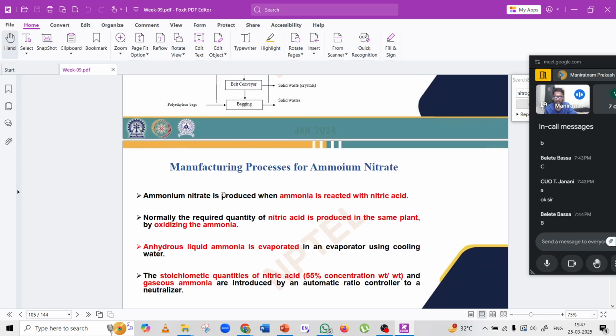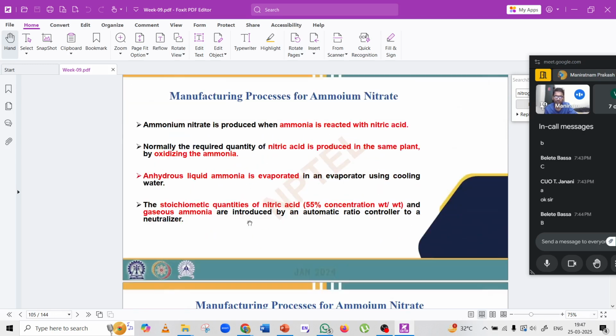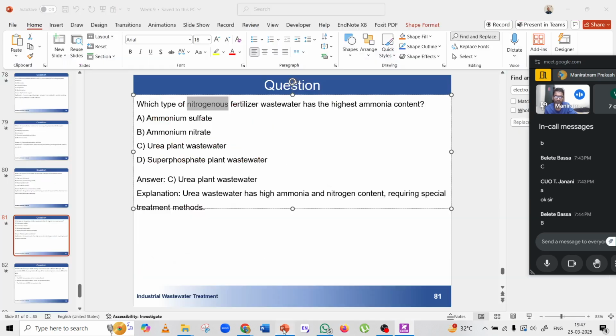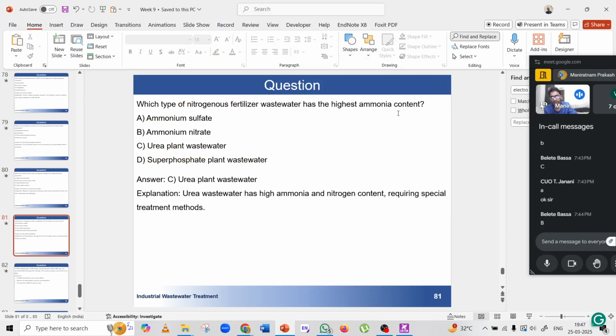You can read about the manufacturing of ammonium nitrate and all this. And if you read the question, it is asking which of the following nitrogenous fertilizers has the highest ammonia content. Okay, na.